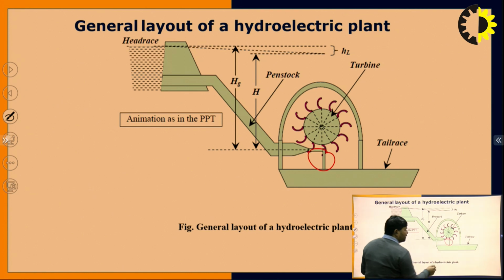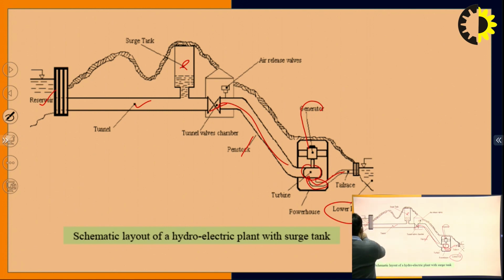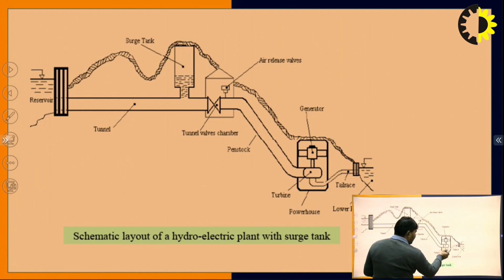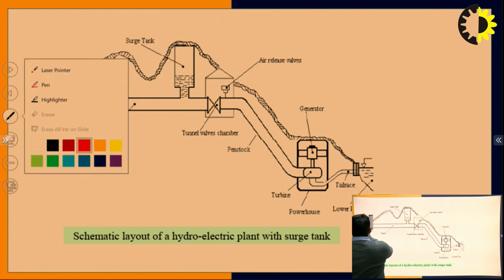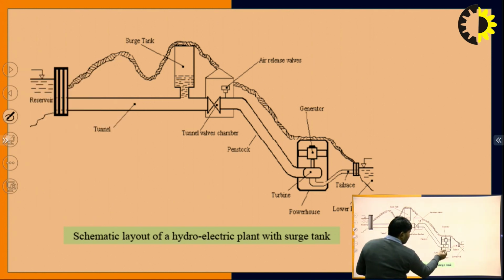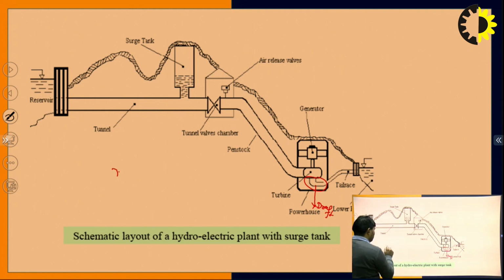The water comes directly from the tail race. In this figure, the water after striking comes out through some medium, and this medium is called the draft tube.